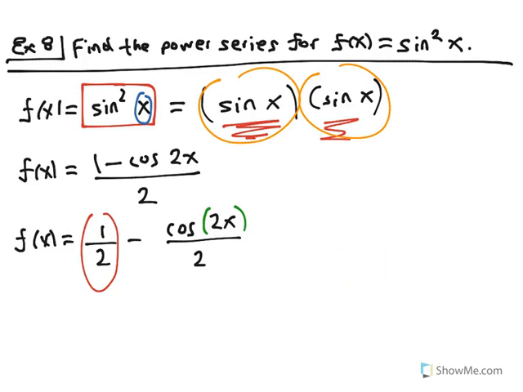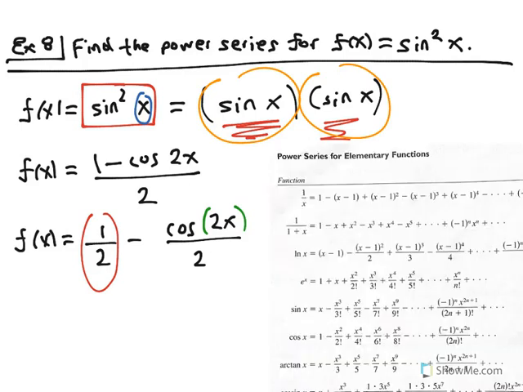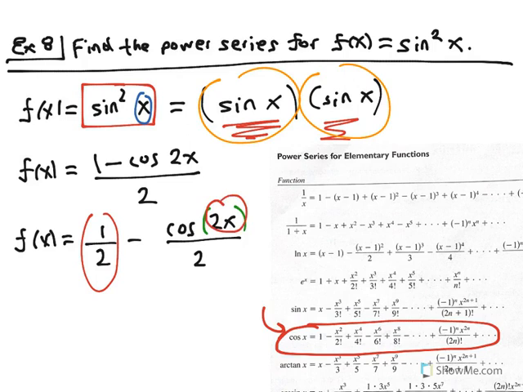So what we have to do is the following. We have to use the power series centered at 0 for cosine and replace x in the power series for cosine with 2x. And that would give us a power series for cosine of 2x. And then we would have to divide each term of that power series by 2.